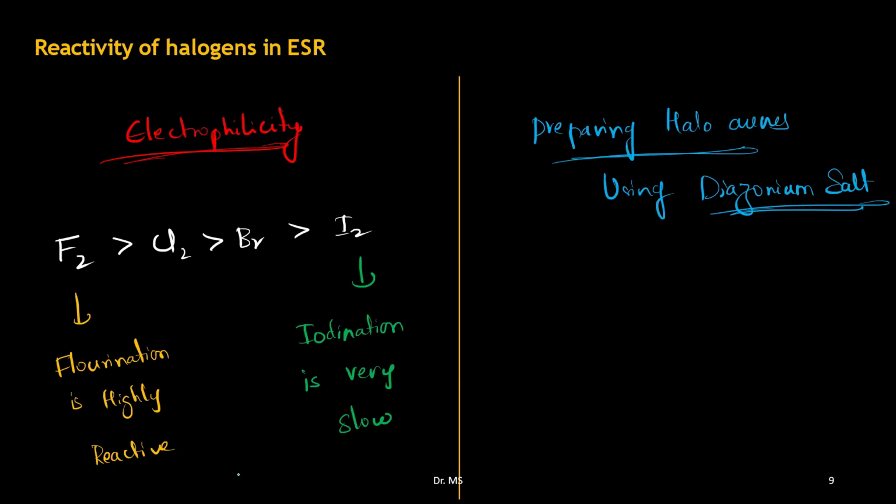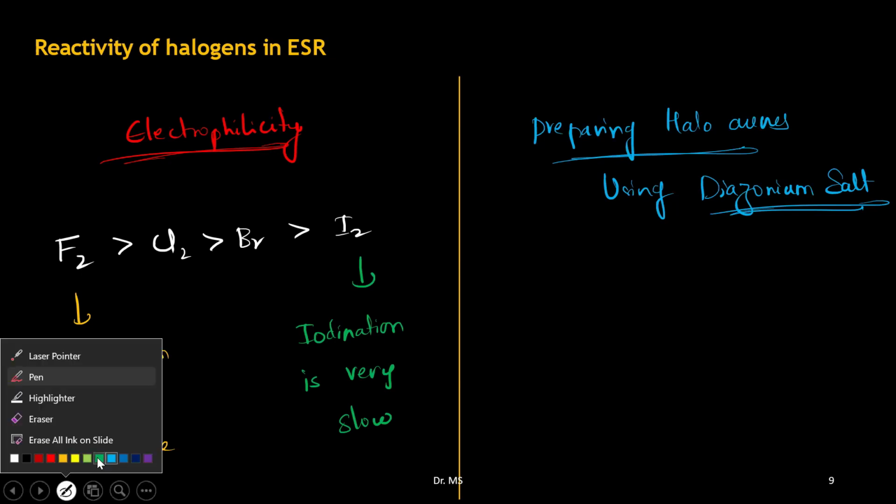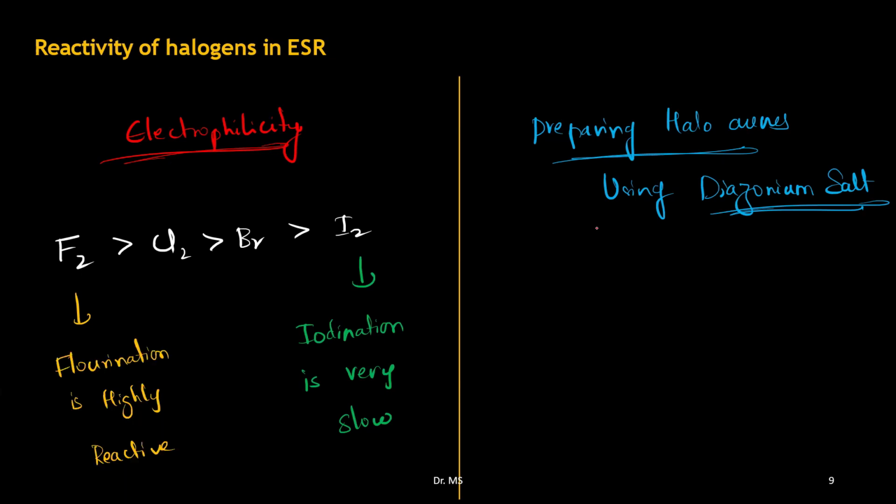We call this the diazotization reaction. So what is this diazotization reaction? Primary aromatic amines react with nitrous acid at a very low temperature, that is 273 Kelvin, and give an aromatic diazonium salt.